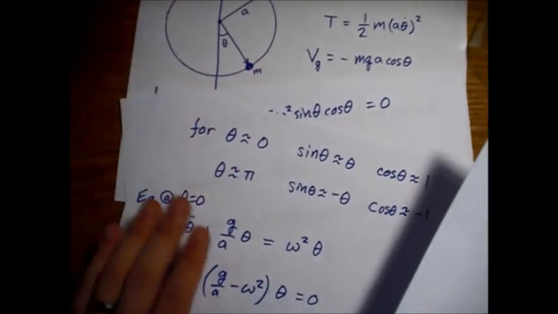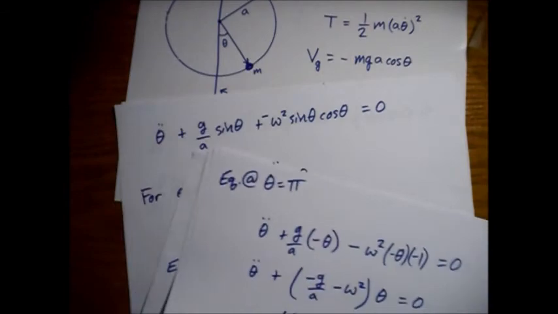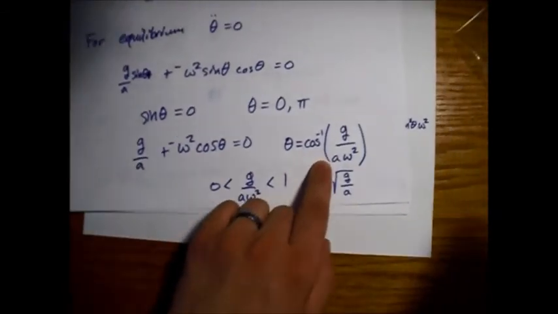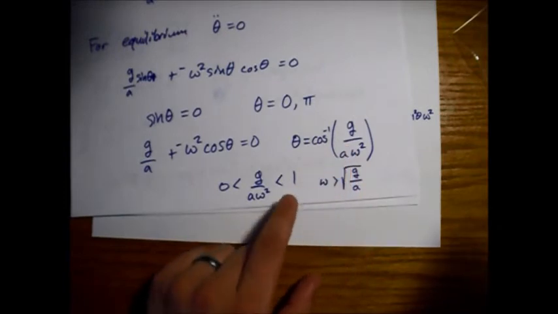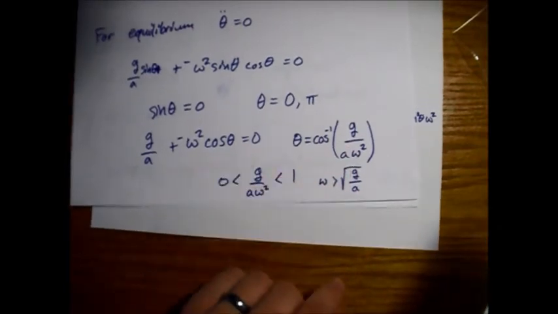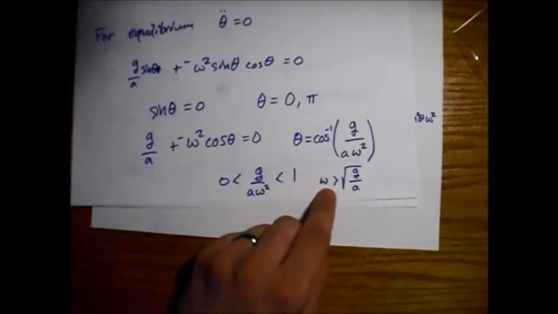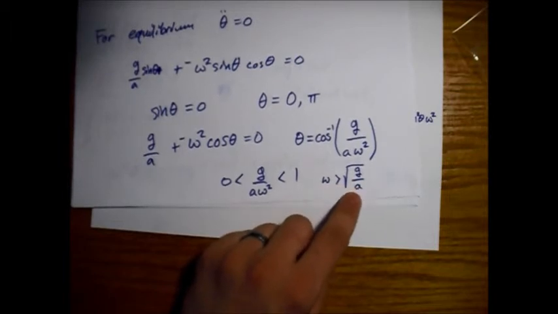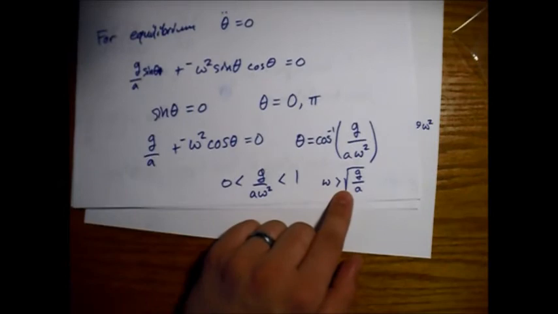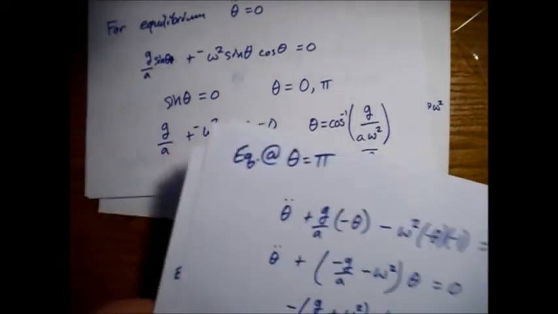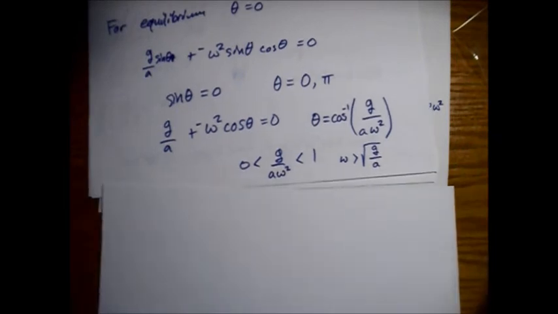Now let's talk about where it's going to go. We found this third case right here, and look, this is only a case of equilibrium when omega is greater than that magical critical angular frequency. Now let's see if we can find the frequency of oscillations around this.